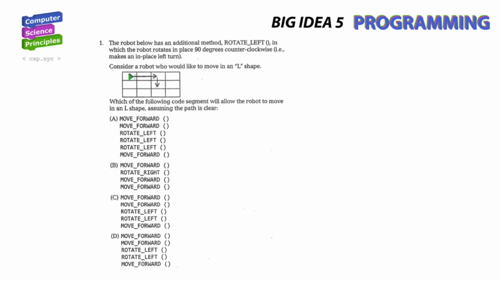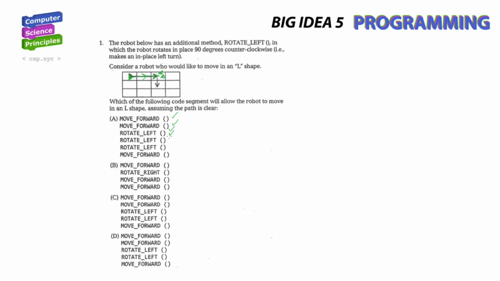And then the first thing that we are told is move forward. So that gets us here, one spot, and then move forward again. So that gets us this spot right here. Rotate left. So now it's going to turn up. Then rotate left again. So now it's going to turn to the left.